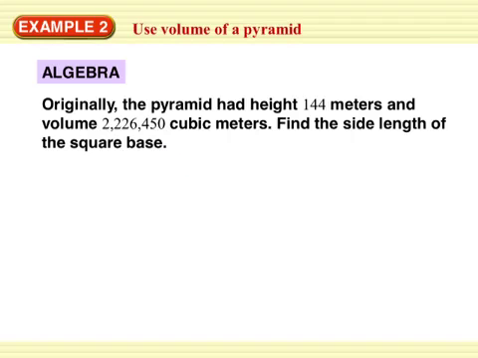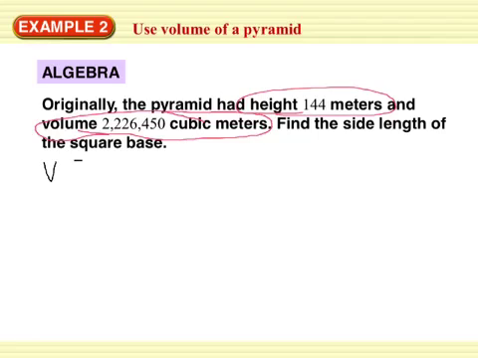Originally the pyramid had a height of 144 meters and a volume of 2,226,450 cubic meters. Find the side length of the square base. Whew, doggy, that is some algebra. So let's try to pull this apart.